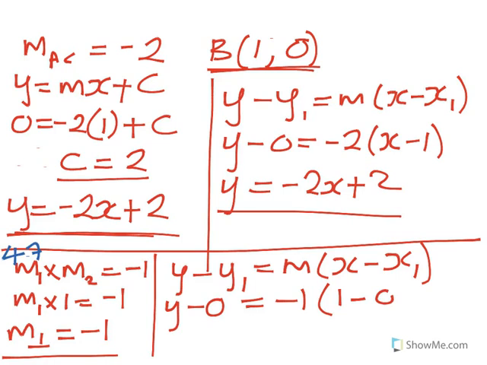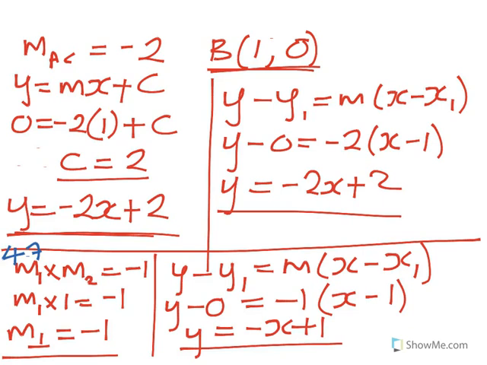Sorry about that, let me correct this. So y is equal to minus x plus 1. You can use the previous method I started with. It will also give you the same answer. So now you can see this was the analytical geometry that they wanted you to capture in this case.